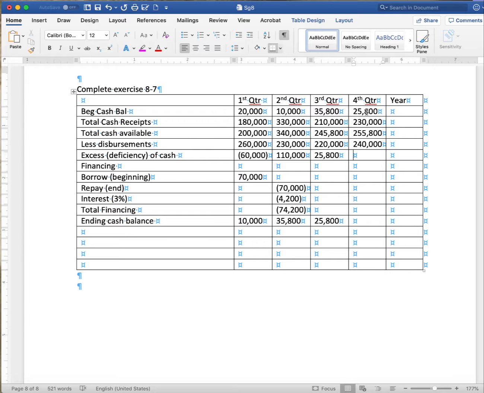How much do I have after I take into account the disbursements? Disbursements were $240,000. I have $15,800. Okay? I don't need to borrow, right? I don't need to finance. I don't need to repay. I'm good. So my ending cash balance is $15,800.